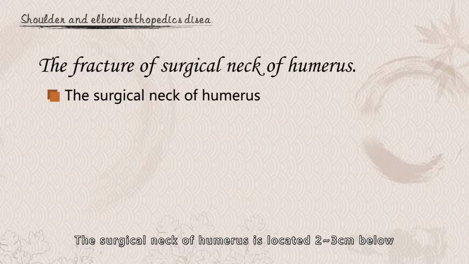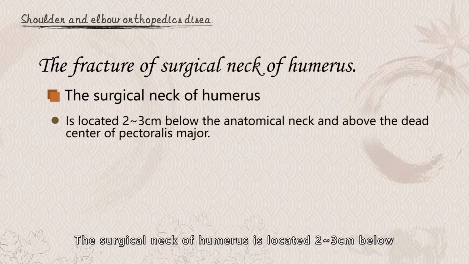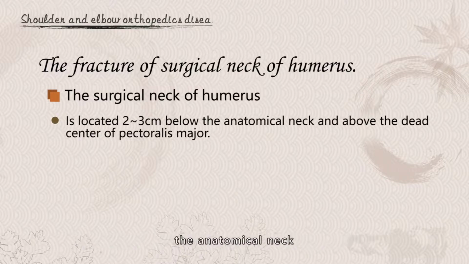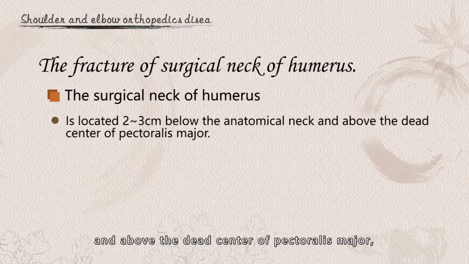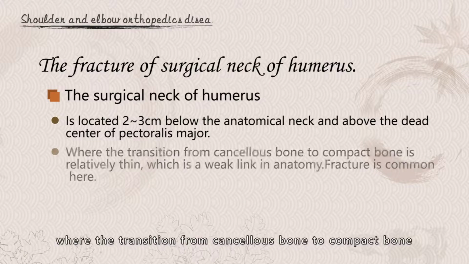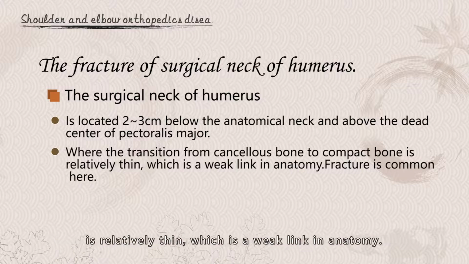The surgical neck of humerus is located 2 or 3 cm below the anatomical neck and above the insertion of pectoralis major, where the transition from the cancellous bone to compact bone is relatively thin, which is a weak link in anatomy.